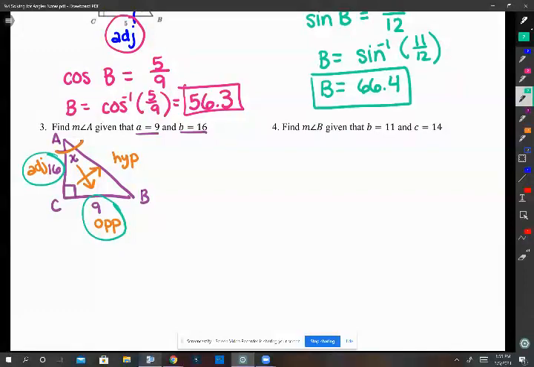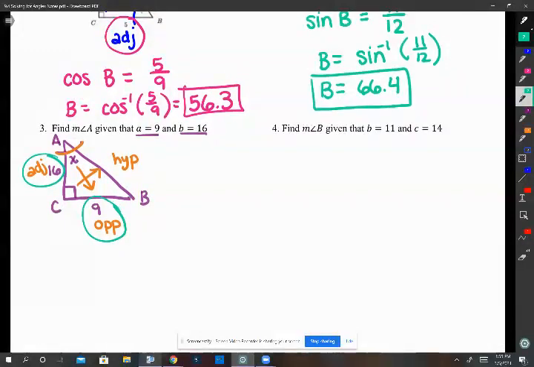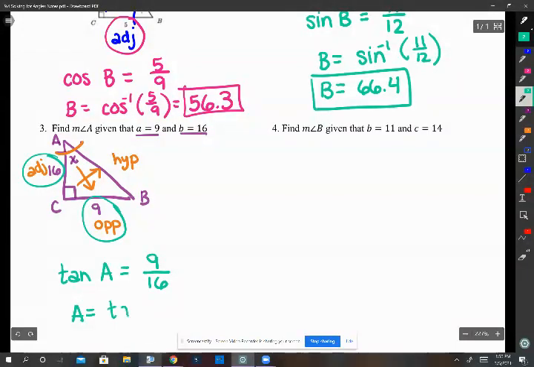And so opposite and adjacent is tangent. So we're going to go tangent of angle A is equal to opposite over adjacent. And so A is going to equal the inverse tangent of 9 over 16.